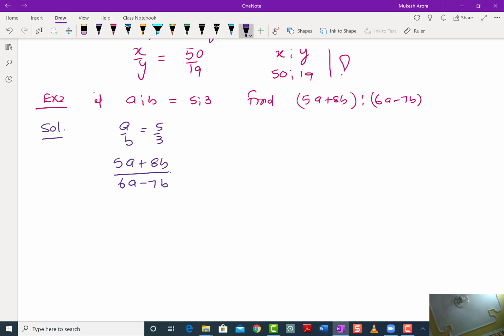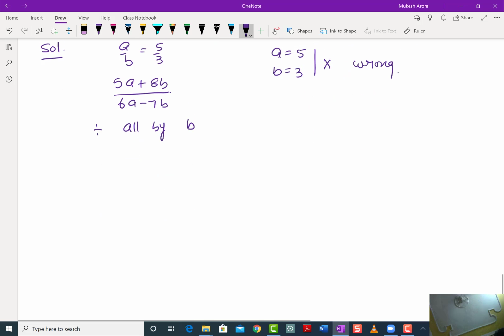We cannot write that a is equal to 5 and b is equal to 3. No, this is wrong, because they are in the lowest terms. So what we'll do is divide all by b. When the numerator and denominator and every term is divided by the same number, then the value does not change.